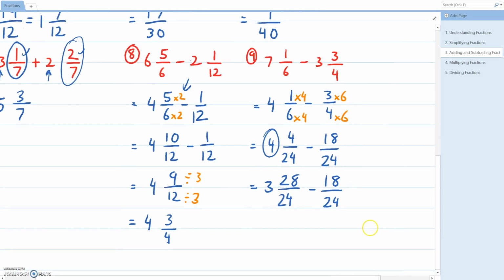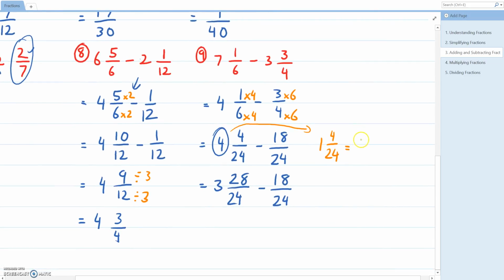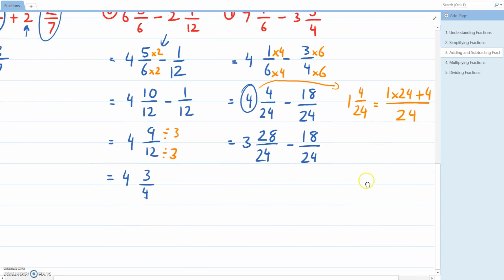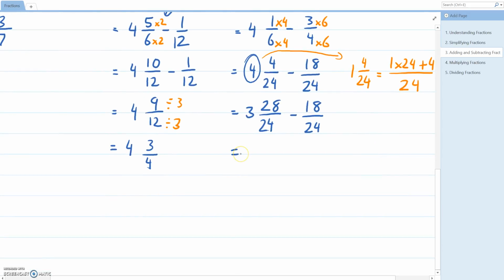So what we've done there, if I just jump out over here, is if we borrow 1 from our front and we've got 4 over 24, when we were writing that as an improper fraction, we would do 1 times 24 plus 4 over 24, and 1 times 24 is 24 plus 4 over 24, and that's where we get that 28 over 24. That's about as hard as these get, and yes, they are pretty tricky, but you just have to practice these as many times as you can.